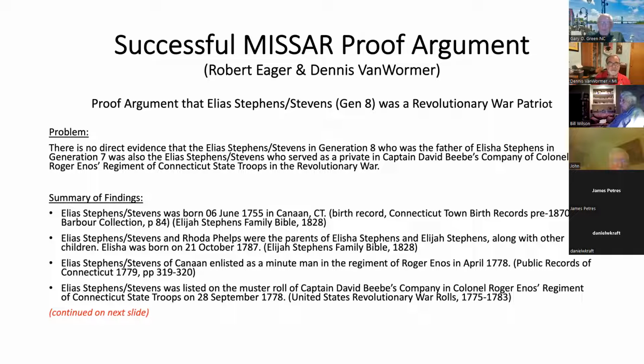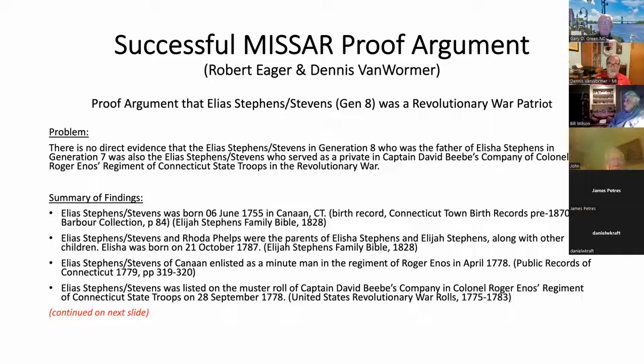the way back to a guy by the name of Elias Stevens, no problem. We had birth record, we had actually 2 family Bibles, although we only used one. We had records from the Barber collection, and so establishing his lineage back to the theoretical Patriot ancestor was not a problem.